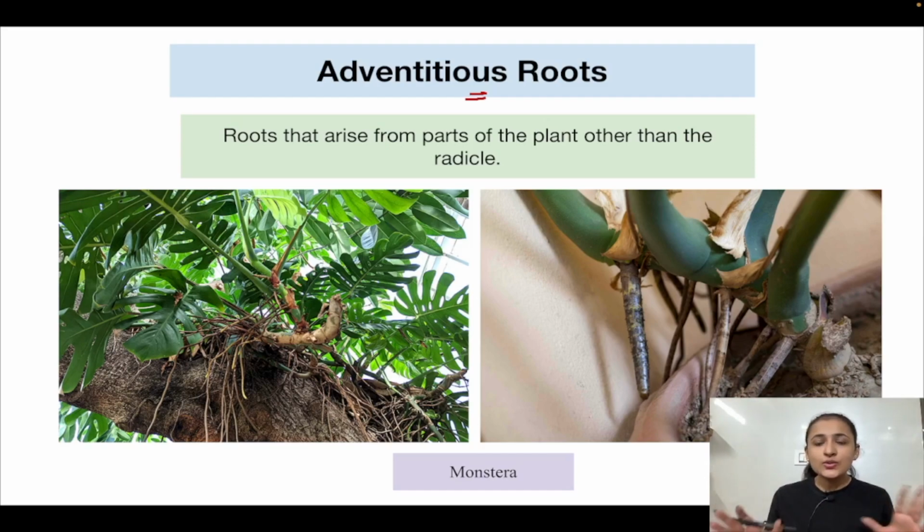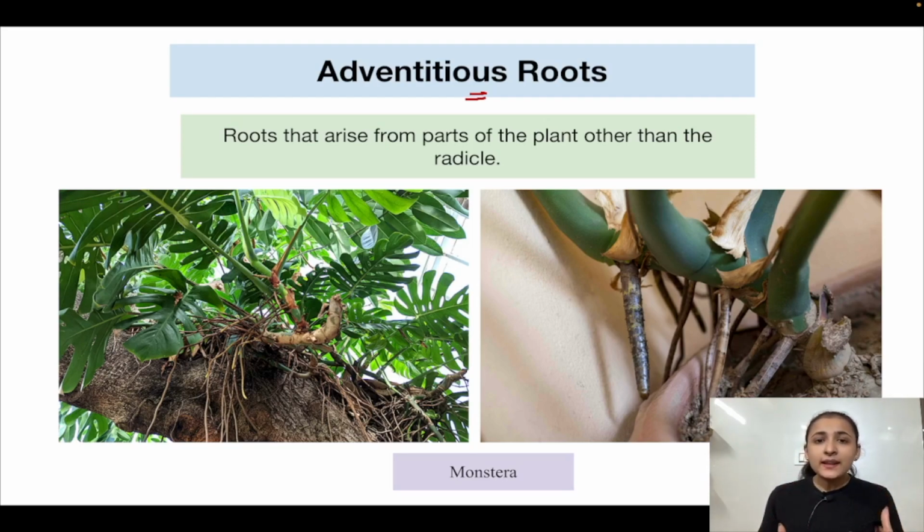Those roots do not arise from the radicle, they are arising from the stem. So those kinds of roots are adventitious roots because they are arising from the parts of the plant other than the radicle. And these parts are mostly the stem region, or they could be leaves also in some cases. So all of these roots are kept under the category of adventitious roots.